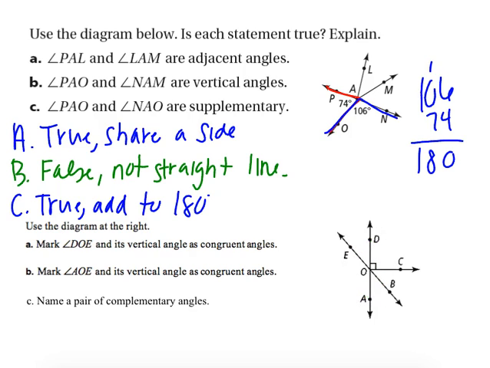Now our last one here, name a pair of complementary angles. Remember those add up to 90. So this one, don't get tripped up on it. It's not a trick question. Well, obviously I know that DOC is 90, but that's only one angle and I need 2.